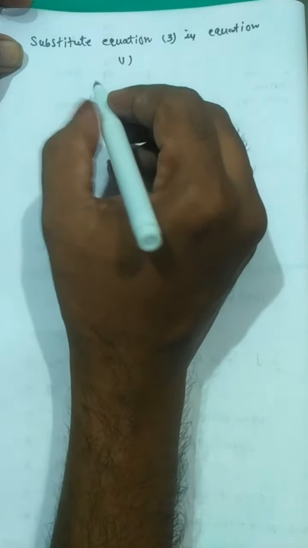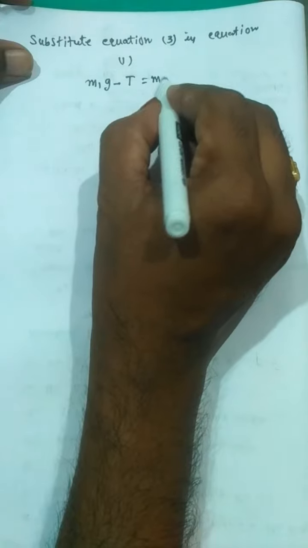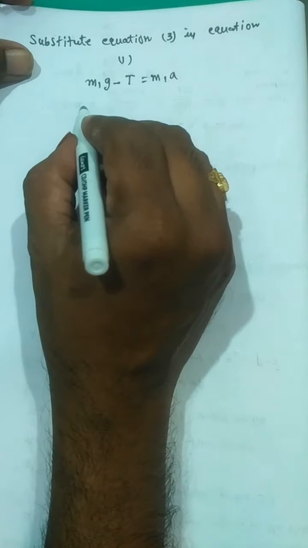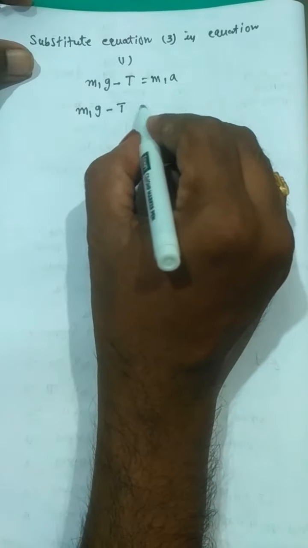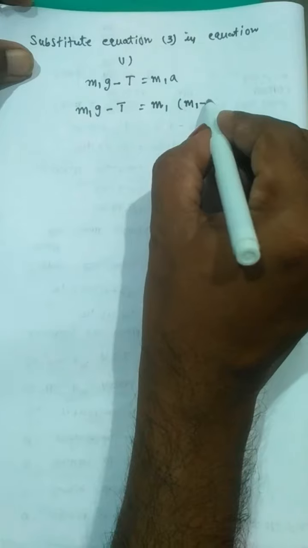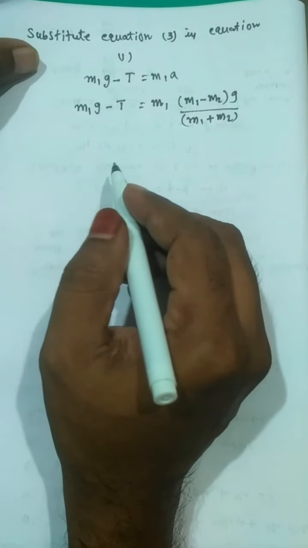What is equation 1? Once again I am writing here: m1g minus T equals m1a. Substituting, m1g minus T equals m1 into (m1 minus m2) into g divided by (m1 plus m2).